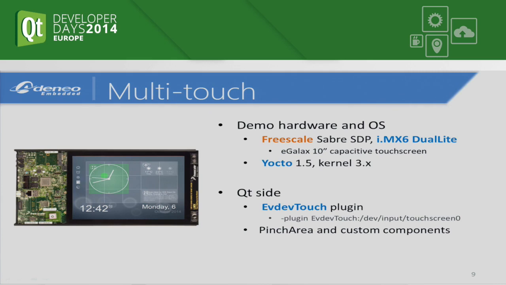Here it's /dev/input/touchscreen0, and so it will handle it and probably work if you have the touchscreen and the driver. Then in this case I use the pinch area and a custom component to handle the layout management, etc. We'll see that there are different ways to do it. And so if we go quickly, if it works, okay, I have the virtual machine.